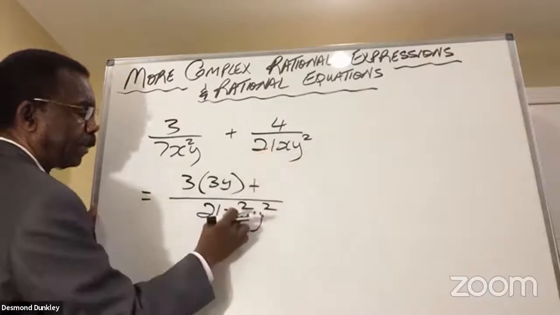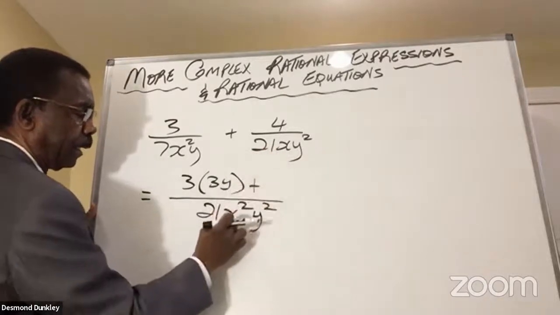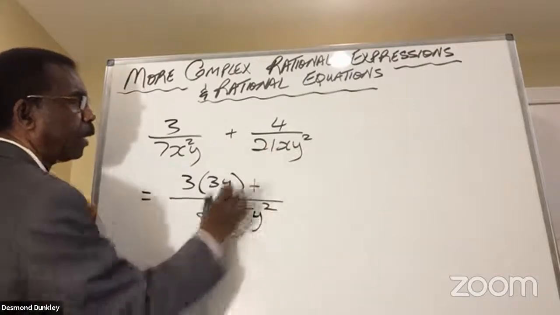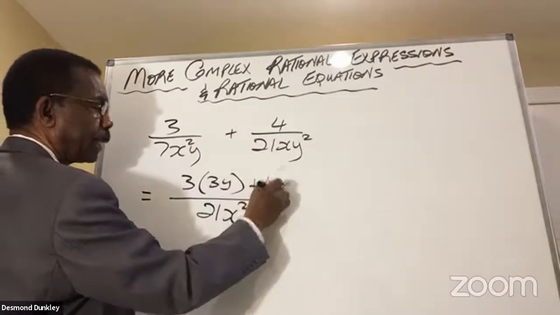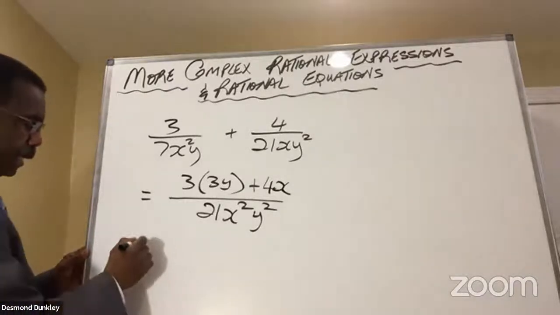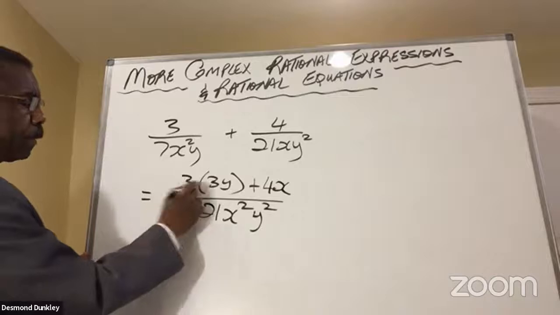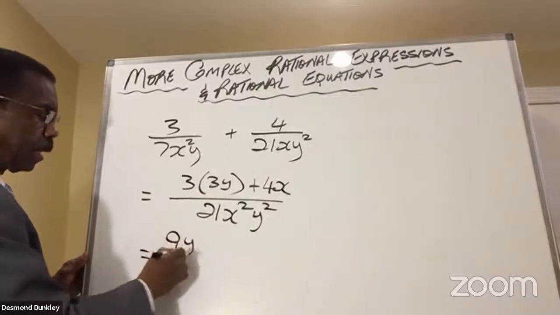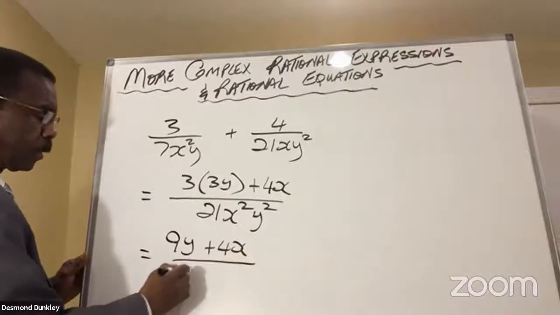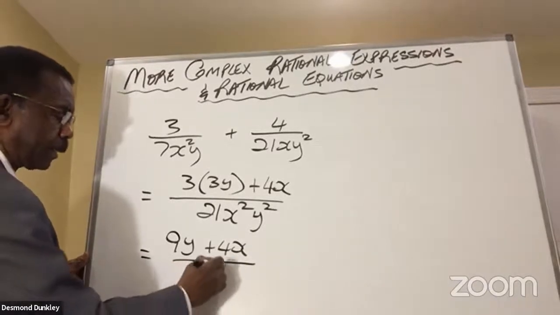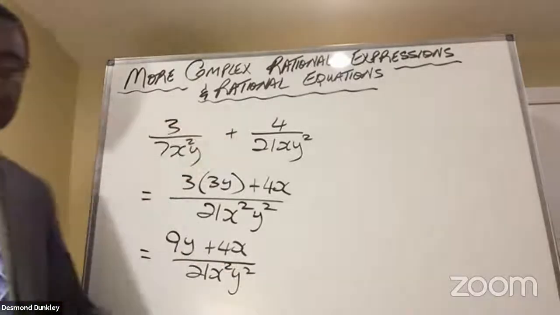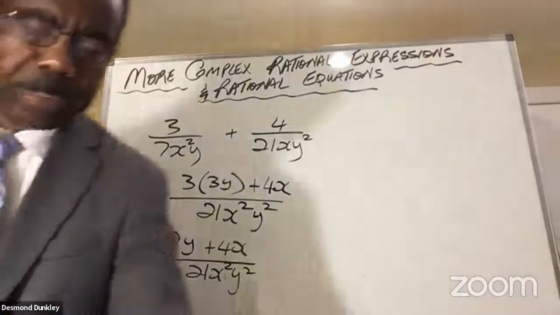So really, all we did was just multiply by x. You see? x times x gives me x squared. So it's going to be 4x. And then when I simplify that, what do I have? It's 9y plus 4x all over 21x squared y squared. So when you put these fractions together, this would be your final result.